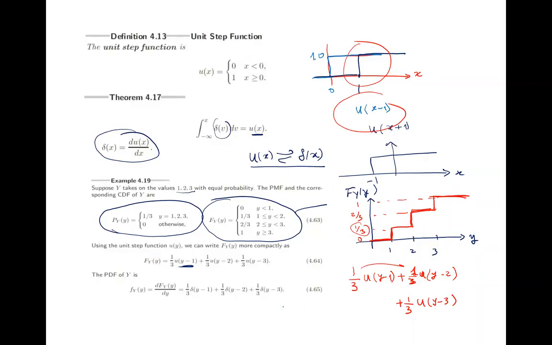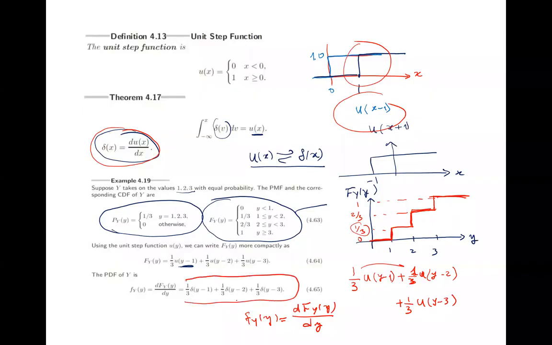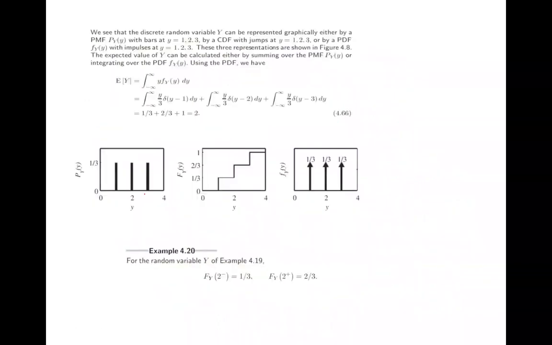Now the PDF f_Y of y will be the derivative of this. Remember that the derivative of the unit step function gives us the Dirac delta. So the PDF can be written in terms of Dirac delta, as you can see here. And here is how we plot the PMF.